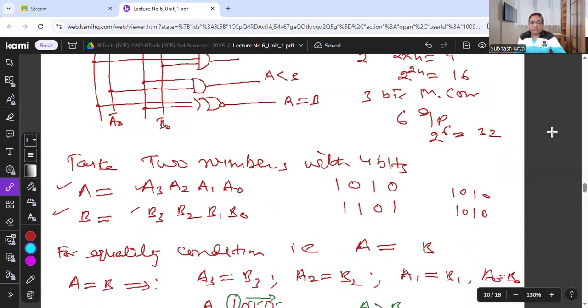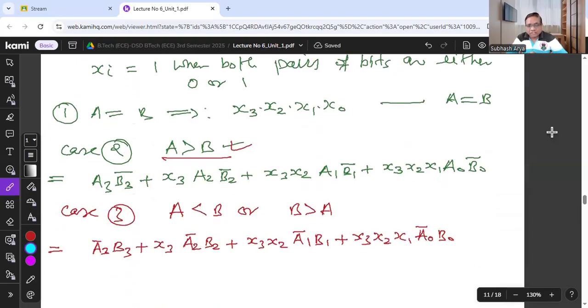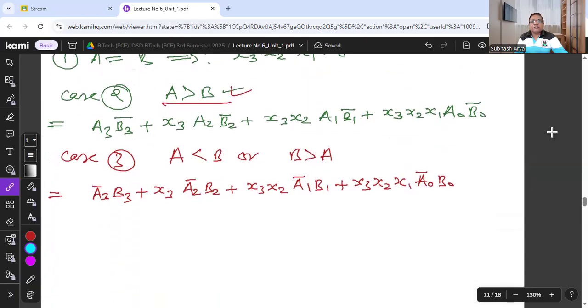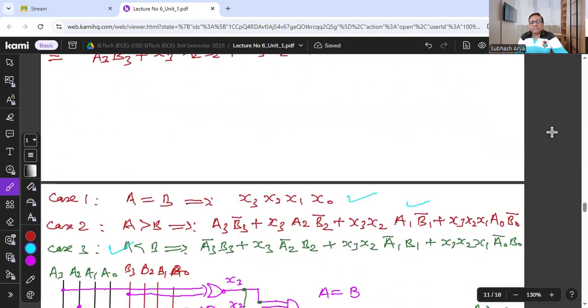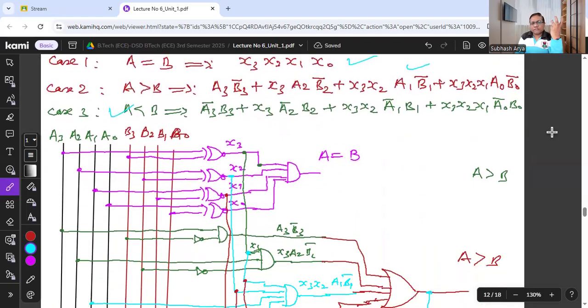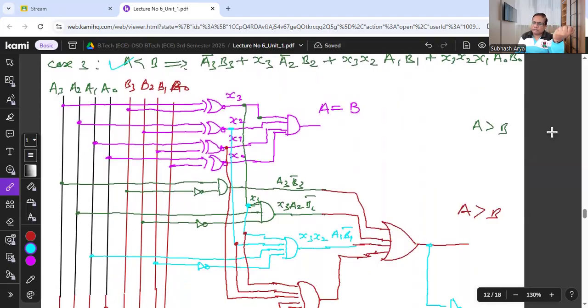Then we applied an algorithm where we have seen repeated patterns in the input conditions and then getting the output. From there, we could apply an algorithm which captures the repeated pattern. So three conditions: A is equal to B, A is greater than B, or A is less than B. And there we wrote the Boolean expressions, which capture all three possible output combinations.